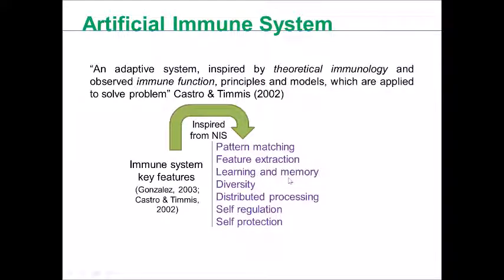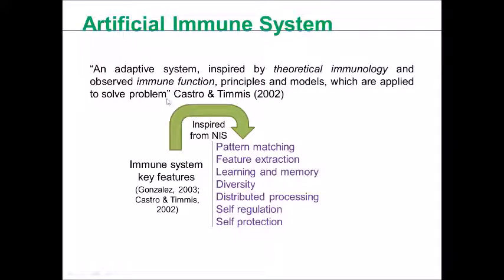We can memorize the attack, so we can replicate that in terms of diversity during the clonal expansion. It is distributed processing, so it distributes its process not just in one organ but also in the whole body. It has self-regulation, it can work on its own, and self-protection.